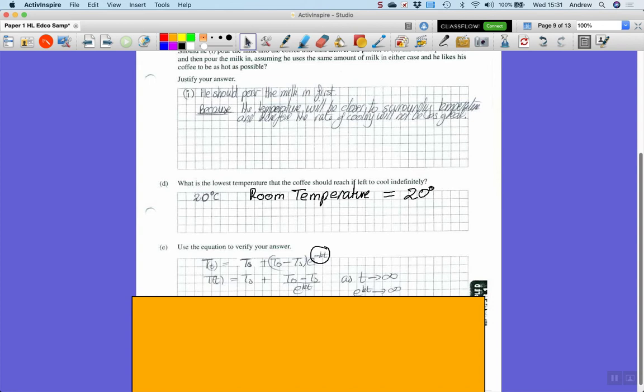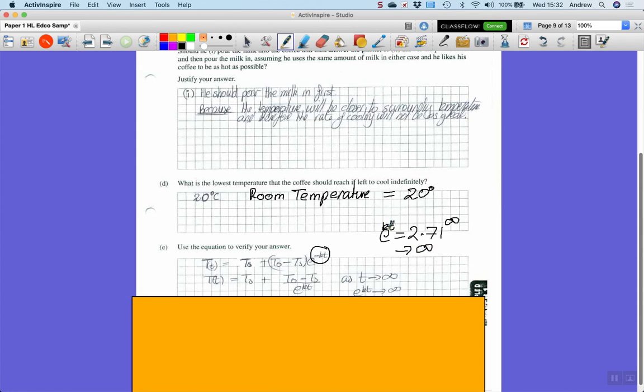And we're looking at time indefinite. When they say time is indefinite, it means time is tending to infinity. If time is tending to infinity, then e, which has a value of 2.718, look at the calculator, 2.7 something, to the power infinity, is tending to infinity as well.